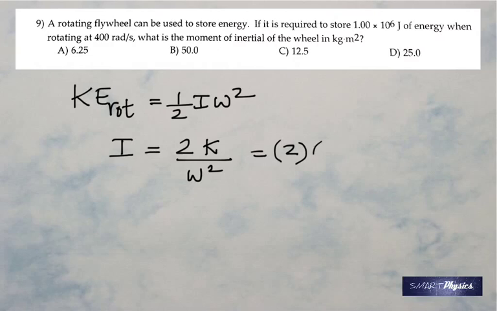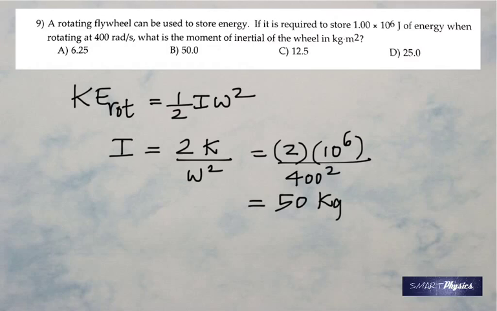Rearrange to get I equal to 2K by omega squared. Kinetic energy is 10 to the 6, omega is 400. Substitute, and you get 50 kilogram meter squared.